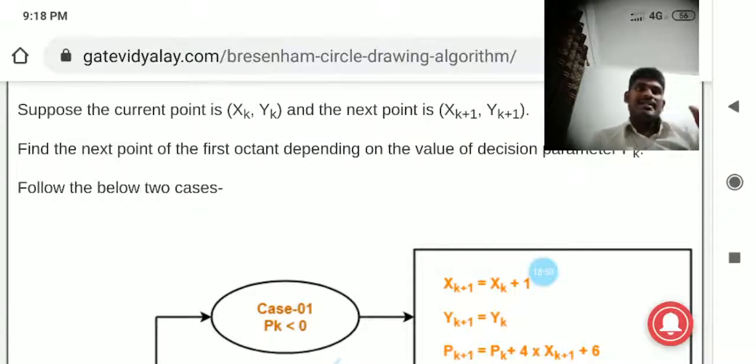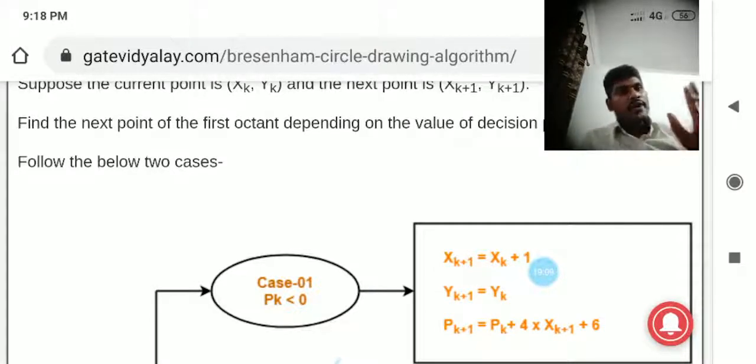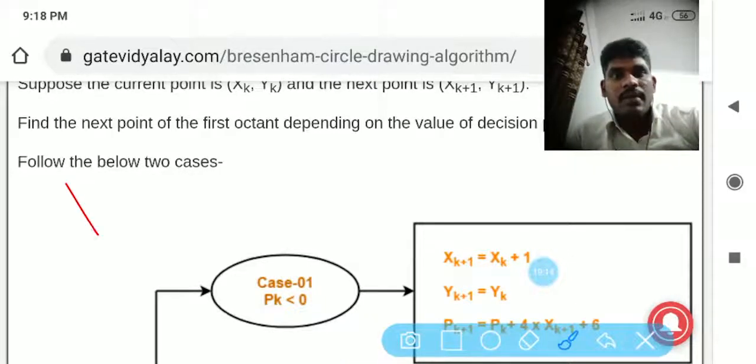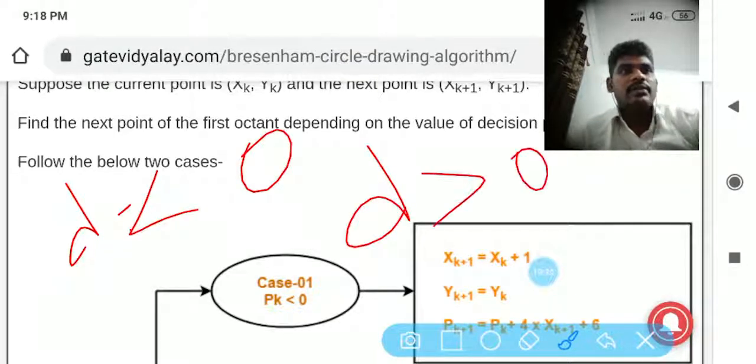So when the decision parameter value is less than 0, or when the decision parameter value is greater than 0, depending on that you will select the points. Two cases are there: one is d less than 0, and the second one is d greater than 0.